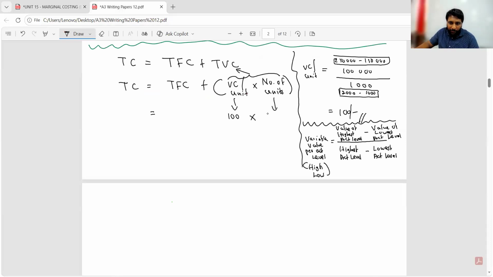When my number of units is 1000, total cost is 150,000. Yes or no?